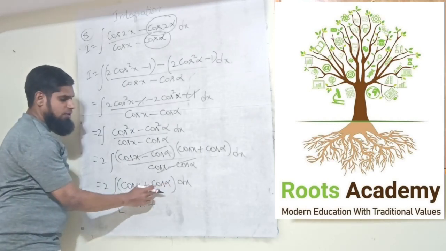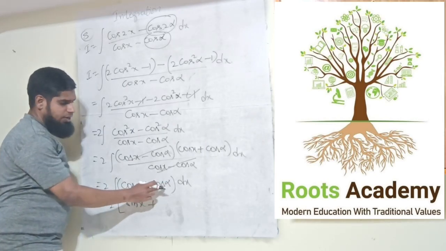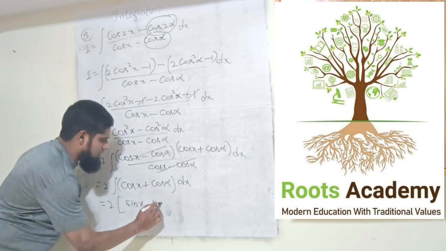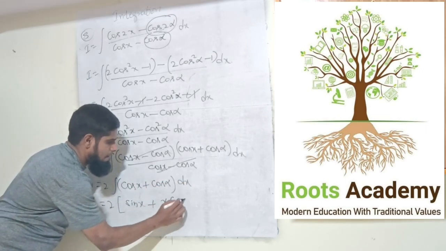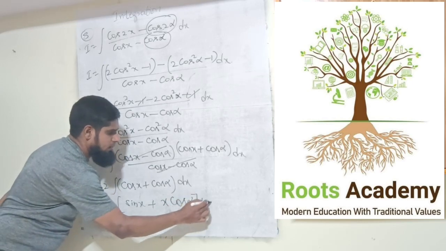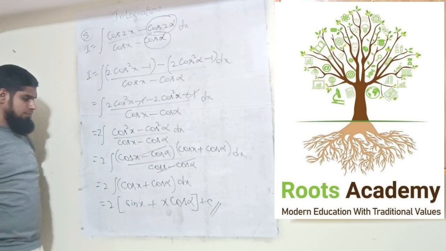So here cos alpha is a constant. Integration of a constant with respect to x is x into the constant, x into cos alpha, close the bracket, plus C is the answer.